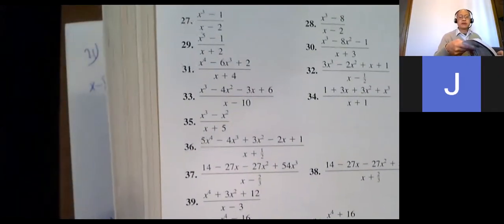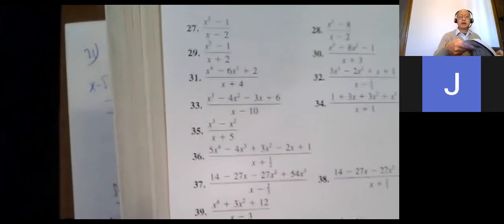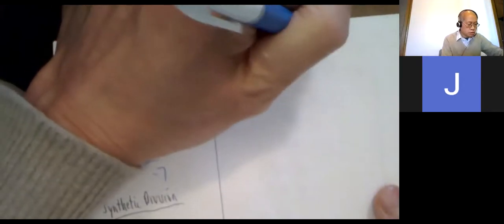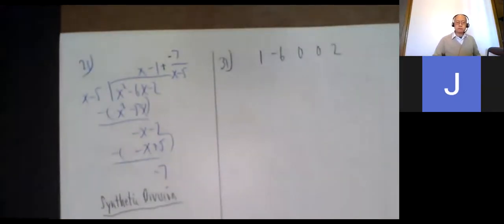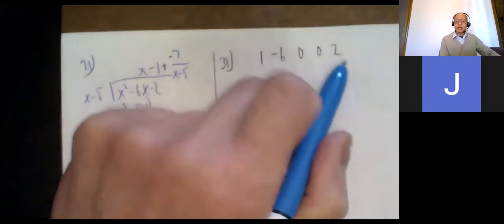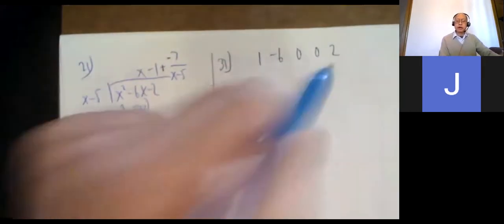Number 31, x to the fourth minus 6x cubed, 0x squared, 0x, and then a 2. Like that. X to the fourth minus 6x cubed, and then it just says plus 2. That's 0x squared, 0x, and 2.